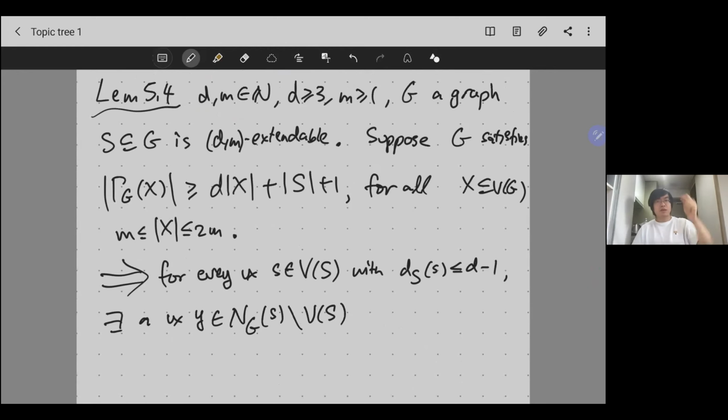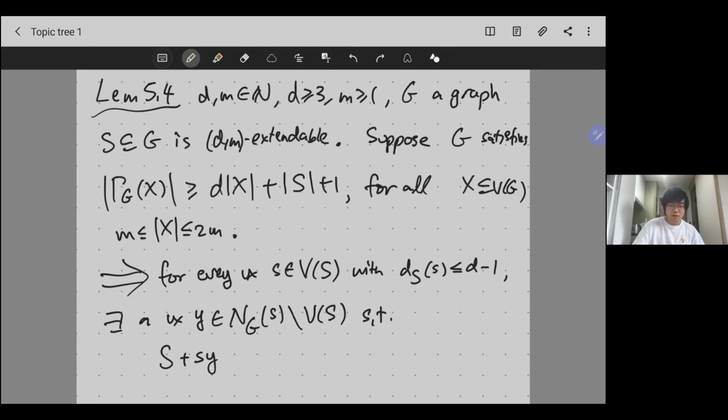So we don't want to embed into the partial embedding. We don't want to create a cycle. So you always go outside, minus V of S, such that the graph S plus this new edge, you extend it by adding Y to it. This is this notation.